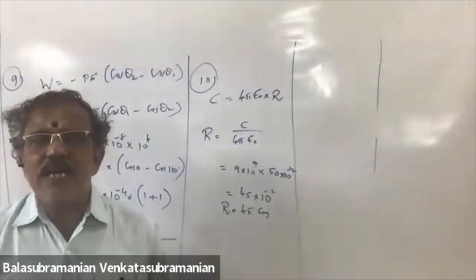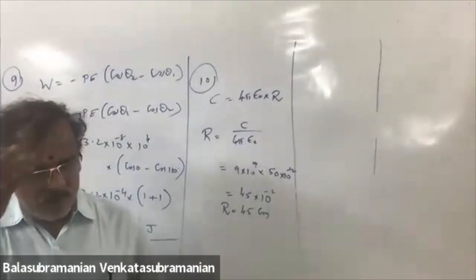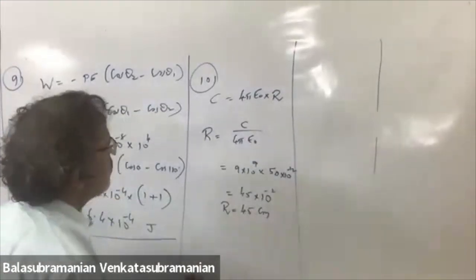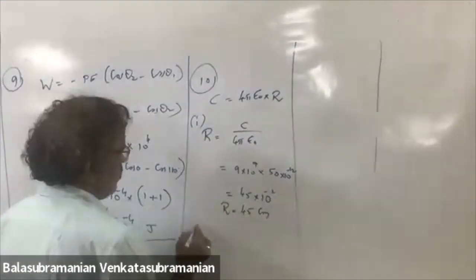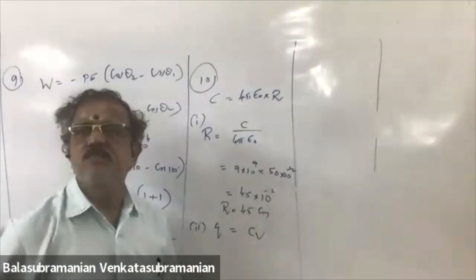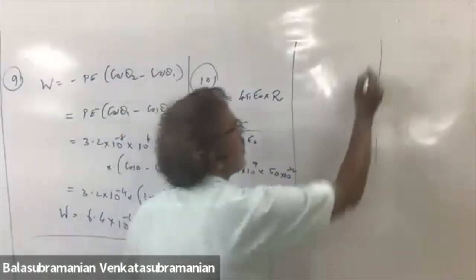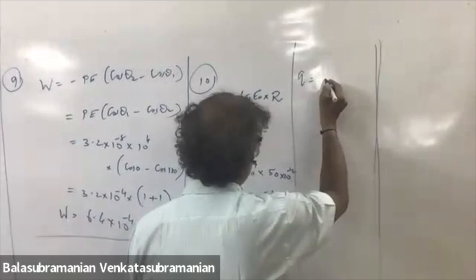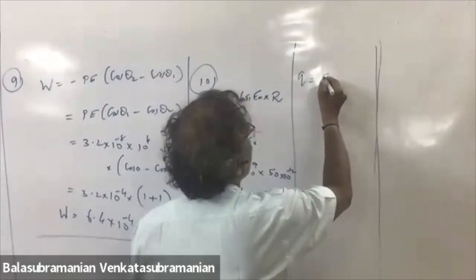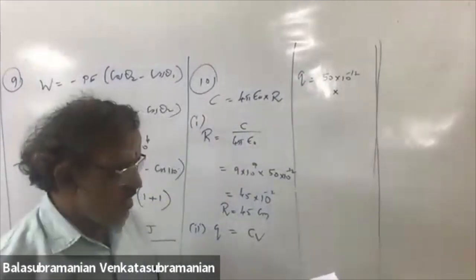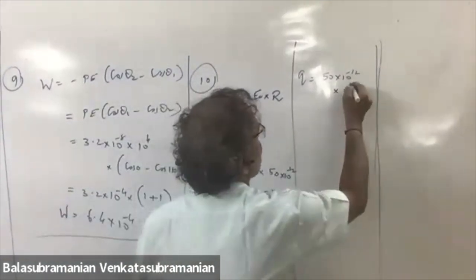Second, you have to calculate the charge if potential is 10 power 4 volts. Q is equal to CV. So I can write C is 50 picofarad and potential is 10 power 4.